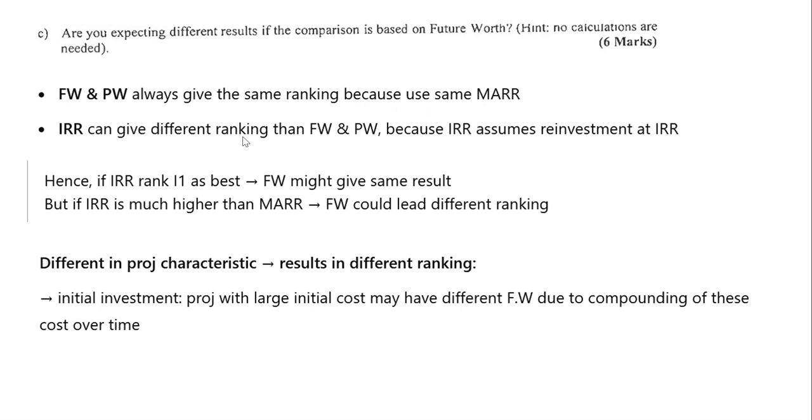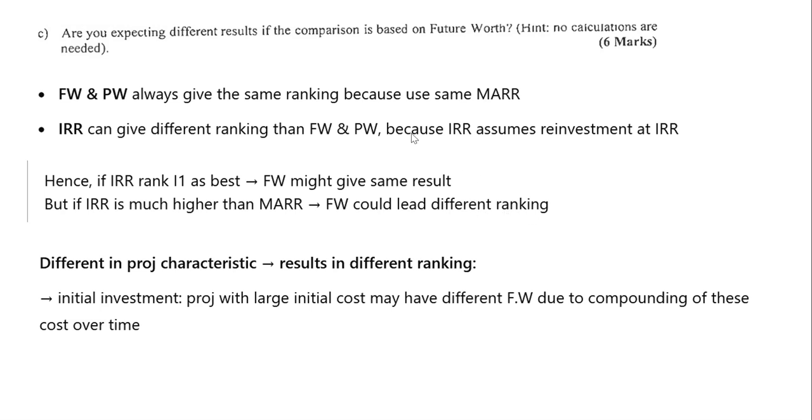IRR can give a different ranking than future value and present value, because IRR assumes reinvestment at the IRR. Hence, if interest rate of return ranks an alternative as the best, future worth might give the same result.